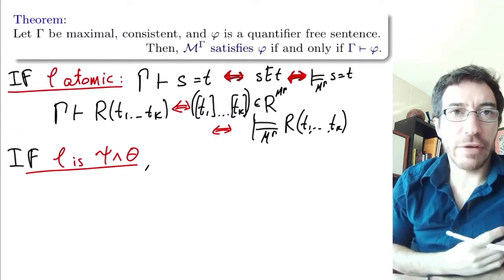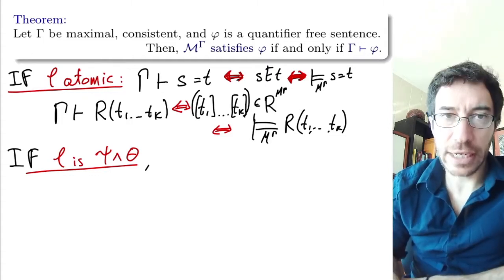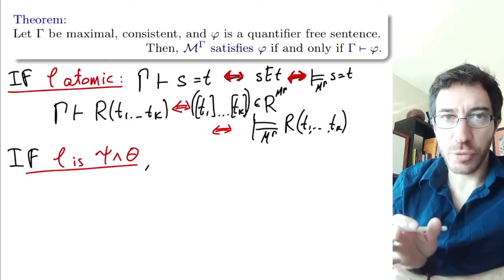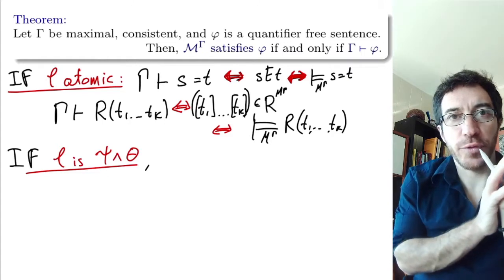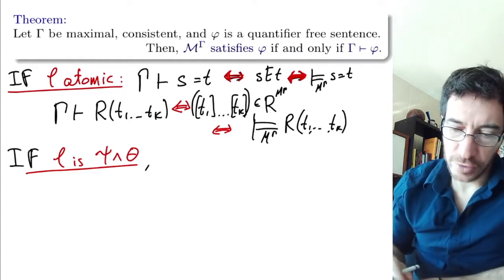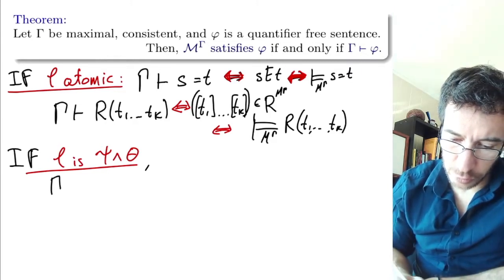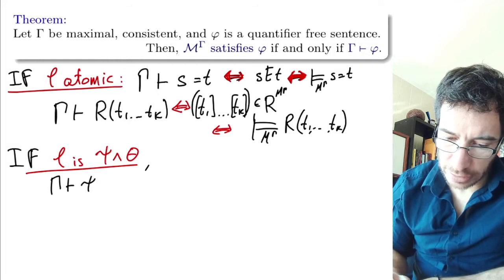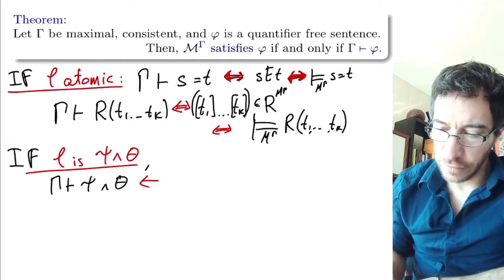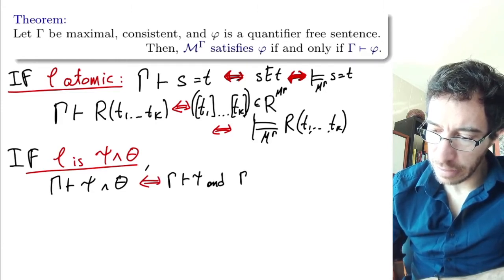This is true. If phi is of the form psi and theta, then we can apply the induction, because we can assume we know the theorem is true for psi and theta, and use that for phi. So let's see what we get. Well, then gamma proves psi and theta if and only if gamma proves psi and gamma proves theta.